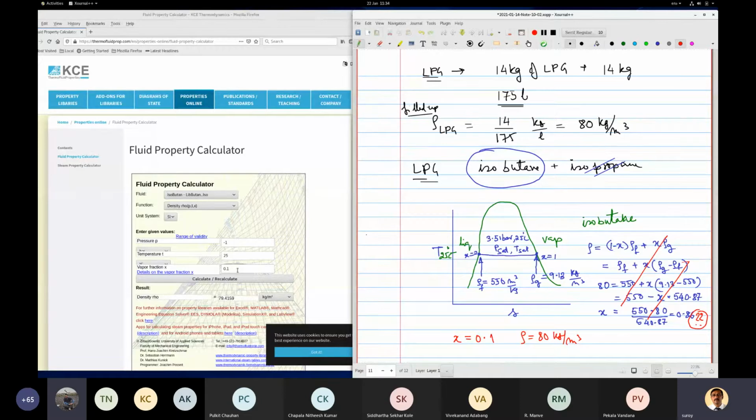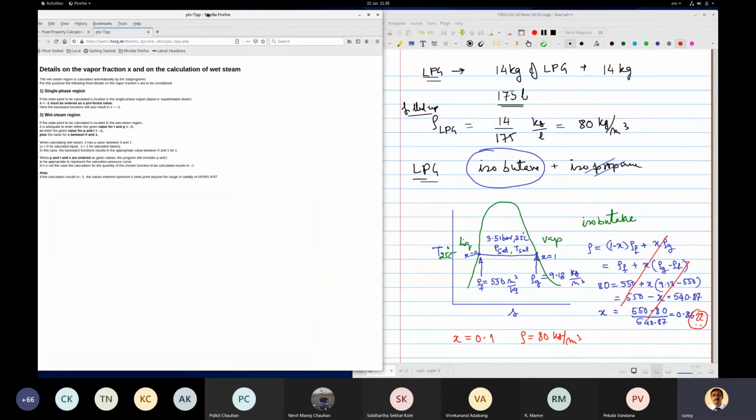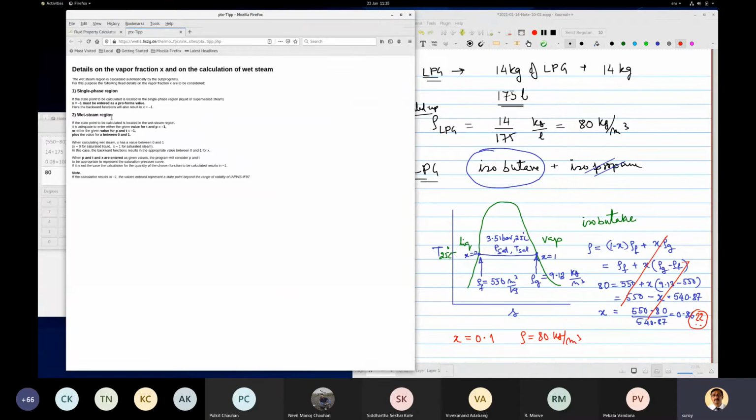Sir, why will you not take pressure equals 3.51? Here you have written -1. Oh, okay. See, if you look at the details of vapor fraction, if it is wet steam, then set the value of either T or P as -1, one of them, and then set the value of X from 0 to 1. -1 means we are not considering it.